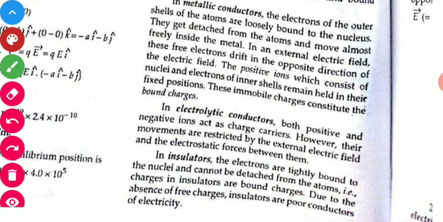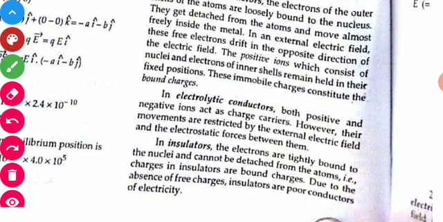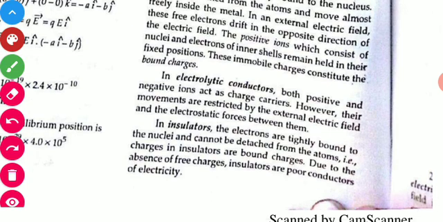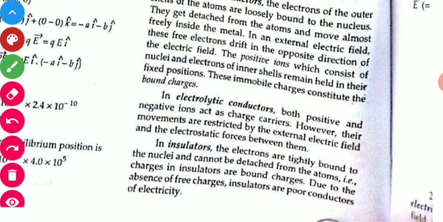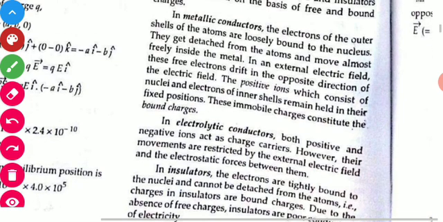The positive ions, which consist of nuclei and electrons of inner shells, remain held in their fixed positions. These immobile charges are called bound charges. In an electrolytic conductor, both positive and negative ions act as charge carriers. However, their movement is restricted by the external electric field and electrostatic forces between them.